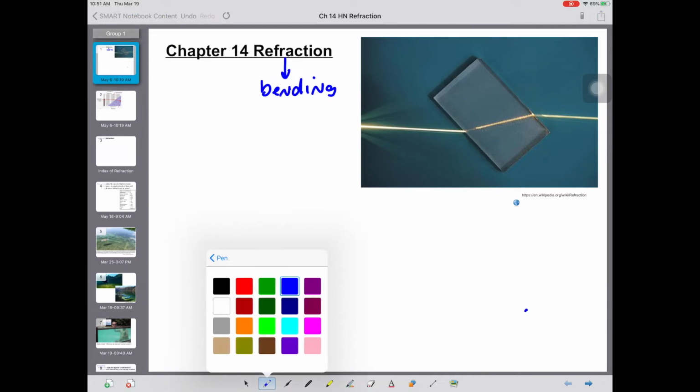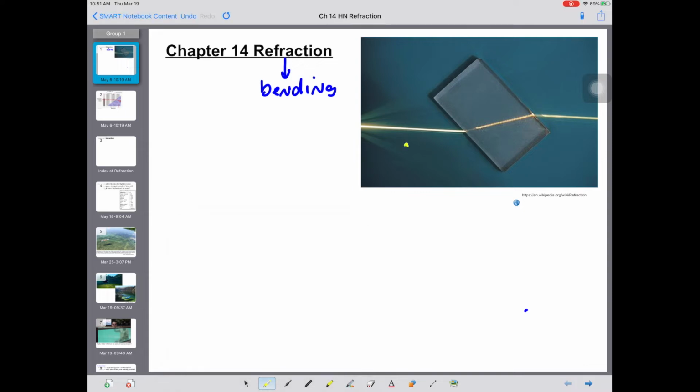So in the diagram that we have here over to the right, we have light going from air into glass, and then back into air over here. So it goes from air, it's traveling in this direction. When it goes into glass, it changes directions.